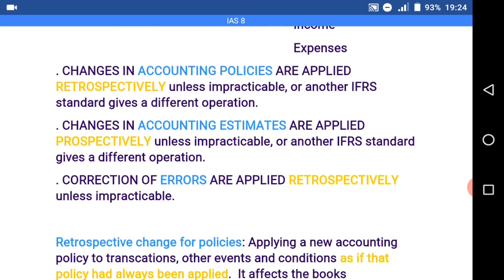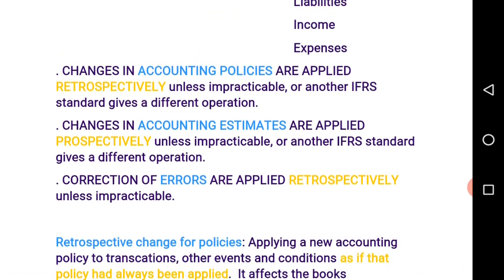Then changes in accounting estimates are applied prospectively unless impracticable, or another IFRS standard gives a different operation. Then the third aspect we have here is correction of errors, which are applied retrospectively unless impracticable.